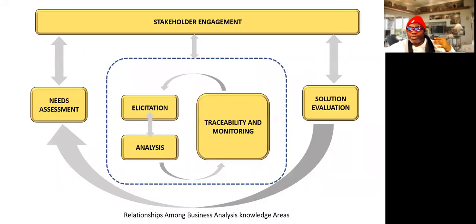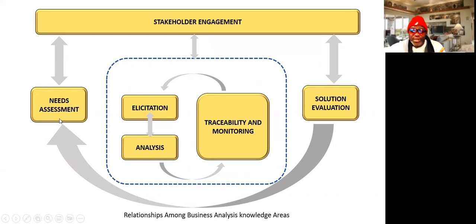So in the image I showed you previously, you can see they work hand in hand, and there are a lot of iterations. It's not a one-time thing. The stakeholder is going to engage all throughout, through the elicitation, through the traceability and monitoring, through the analysis, but also the final solution evaluation. We're always going to go back to that question: did we really get everything that was needed?